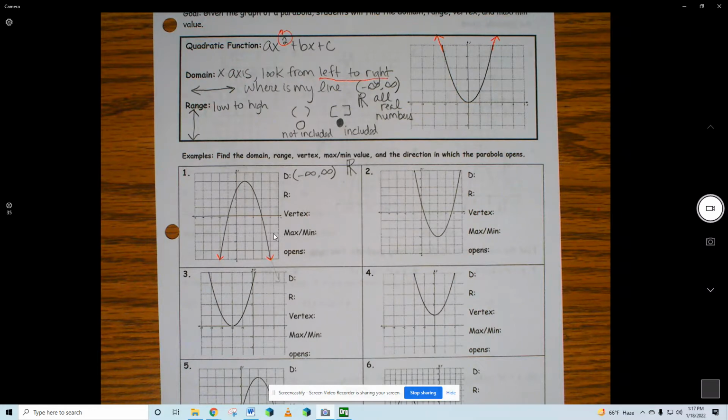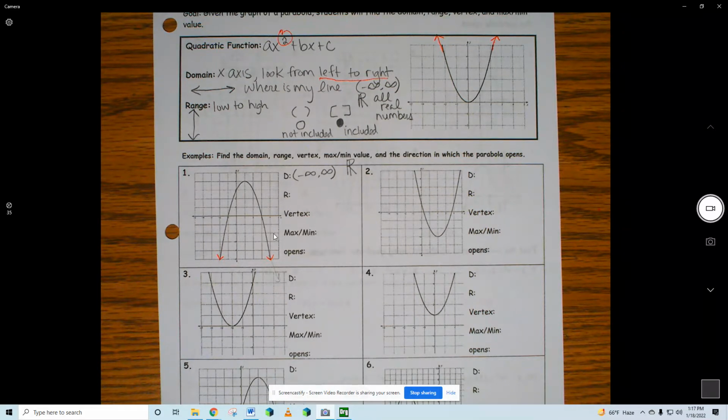Range is low to high. So I'm only looking at number 1. If the arrows go down, aren't they going to hit my arm on the ground here? Because the arrows keep going, the line keeps going down. So this is like negative infinity way down here. So my parabola for number 1 is going to hit here. I just can't see it because of the paper.